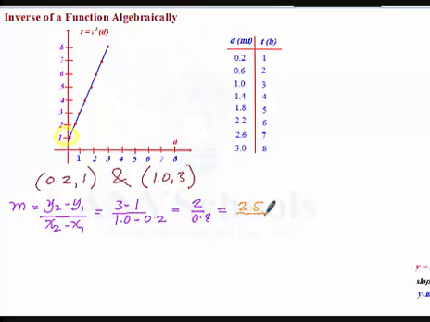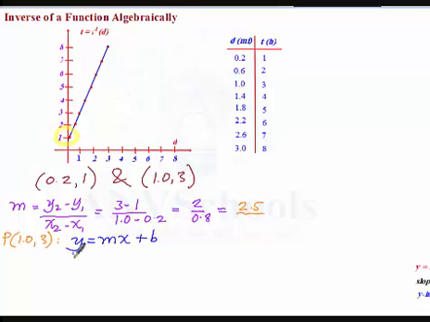What is my equation? I'm going to choose 1 and 3. So 1.0 and 3 to be plugged into the general equation of the line, y is equal to mx plus b.